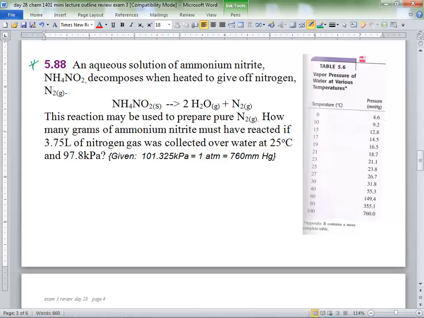This is what they want: grams of ammonium nitrite. That's our answer. Someone has a game plan. Do you have a game plan? Go for it.